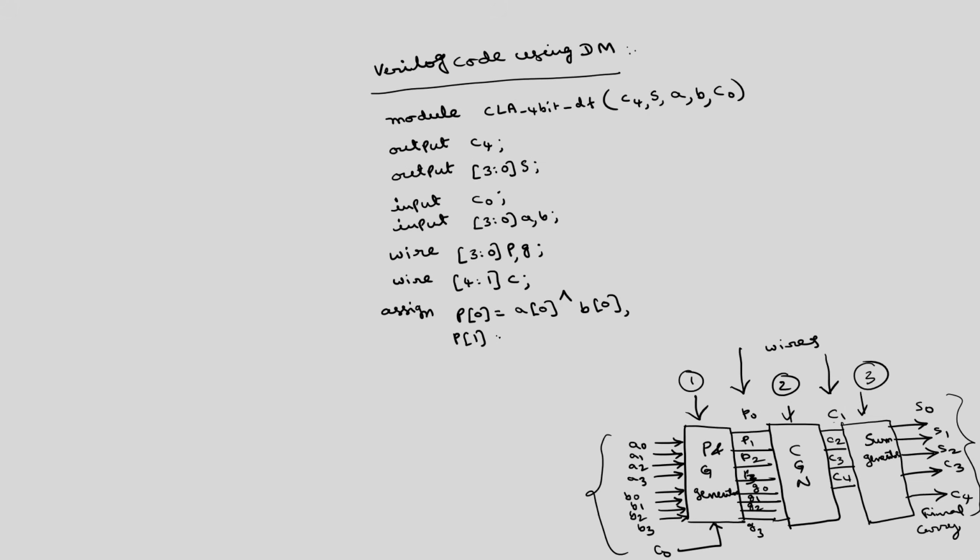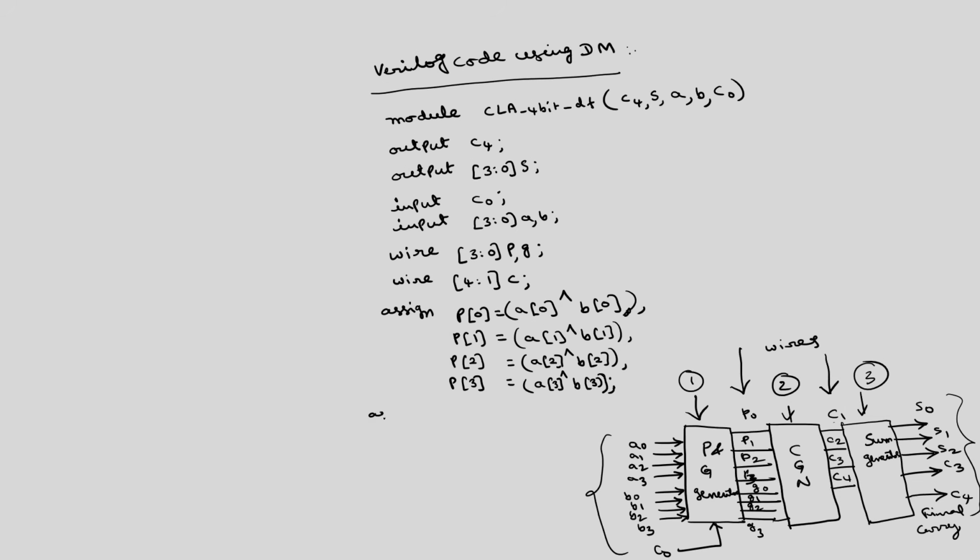P1 is equal to A1, you can write in brackets also, it is up to you, comma, A1 exclusive OR B1, comma P2 is equal to A2 exclusive OR B2, comma P3 is equal to A3 exclusive OR B3. Then semicolon. So, P's are over.